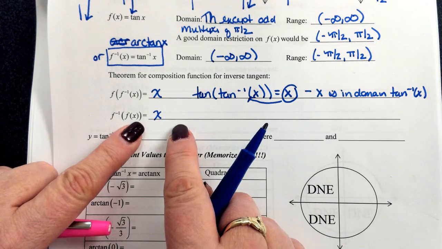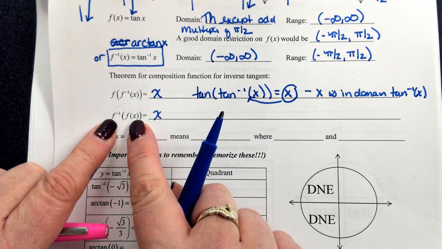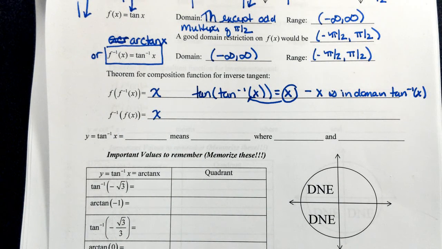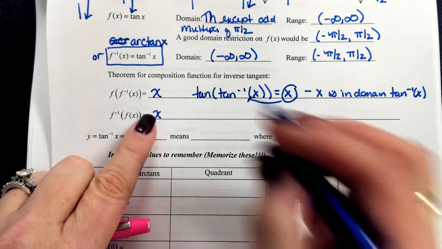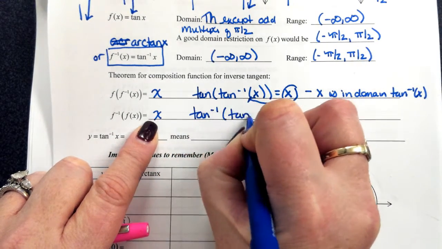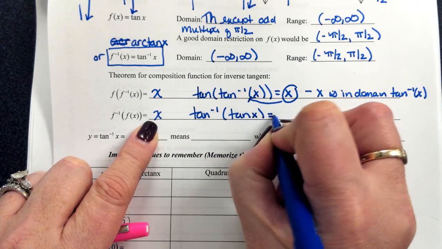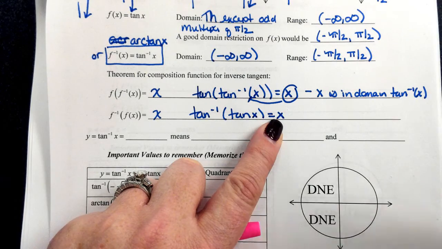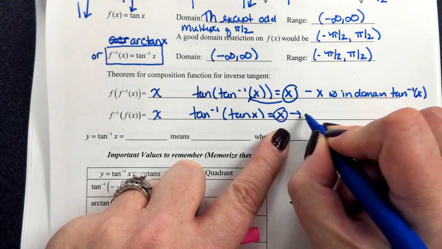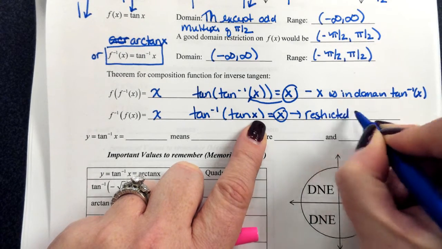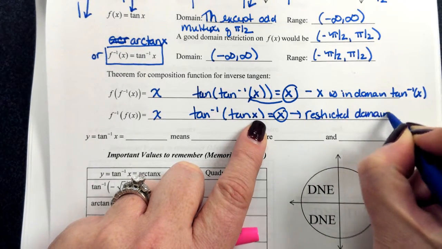So again, as you talked about the composition of an inverse with its function, it can go either way. But if you're going to do the composition of the inverse tangent with the tangent of x, for this to work, this value has to fall within the restricted domain for tangent of x.